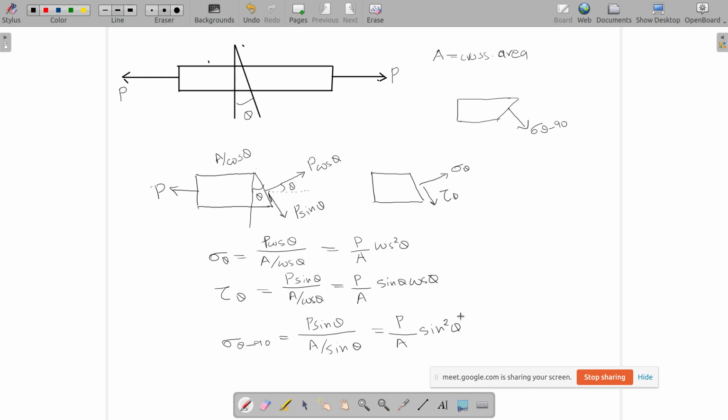Now we have obtained all the stress values. Now let's plot the element. What is the orientation of the element here?